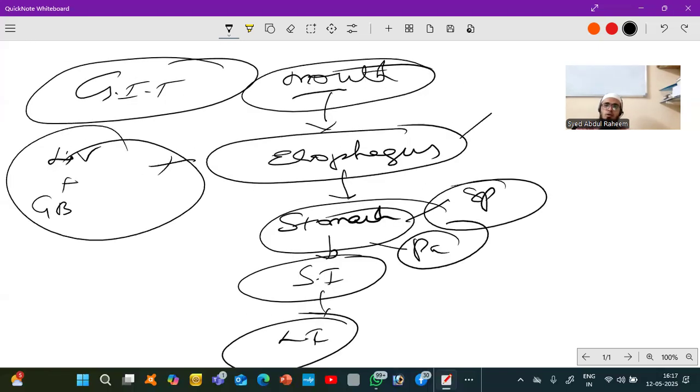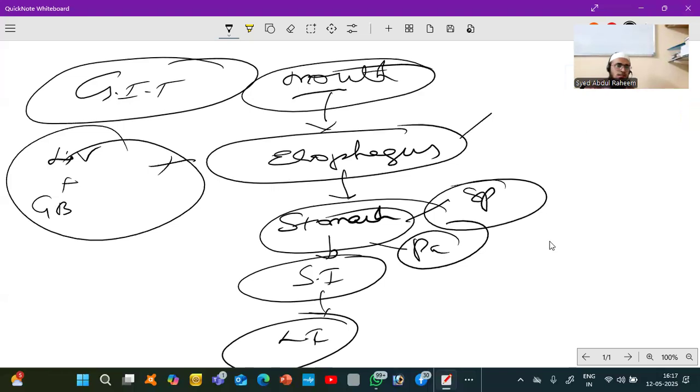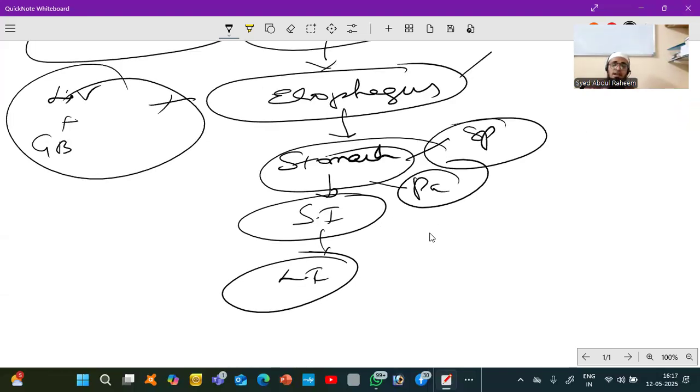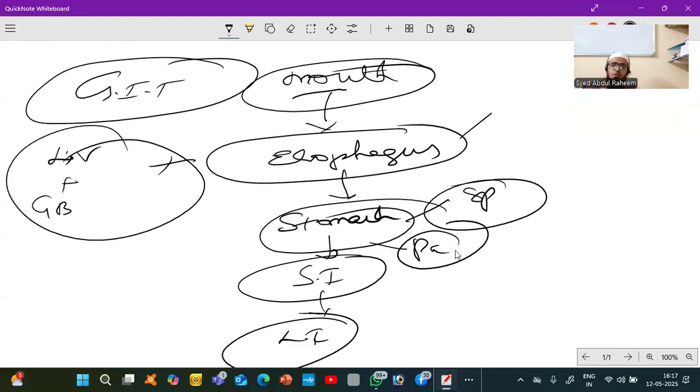So these are the important organs present in the gastrointestinal tract. If we want to study these organs, for any pathological or structural findings, we will advise the radiology image according to the patient's condition and disease.